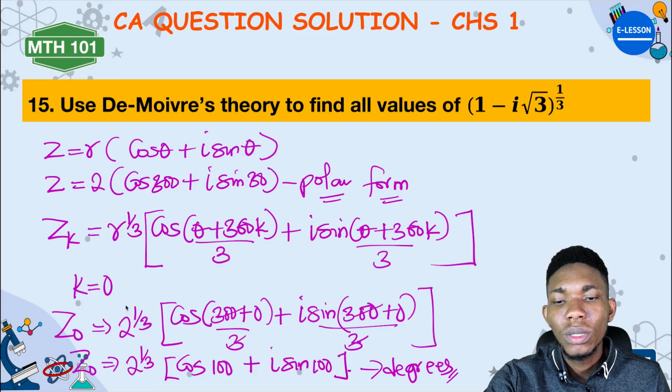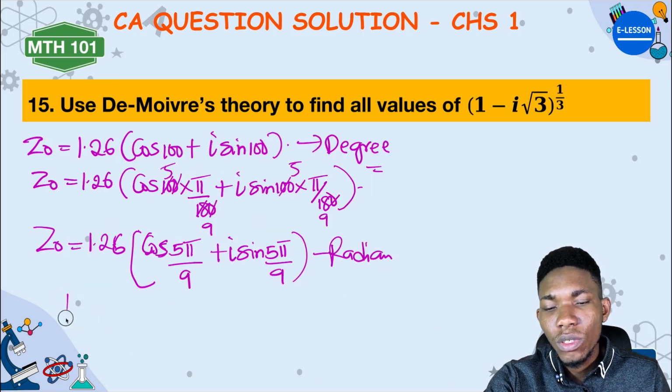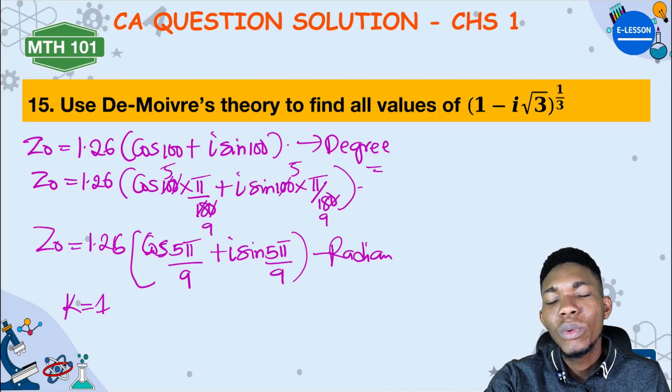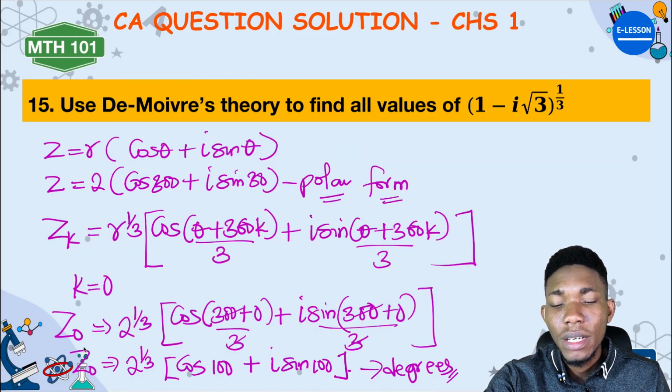Now for the second one, that is when k is equal to 1. The one we did was when k is equal to 0. When k is equal to 1, everything still remains.